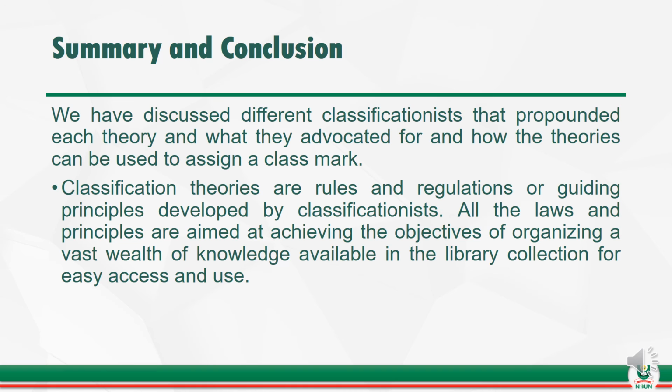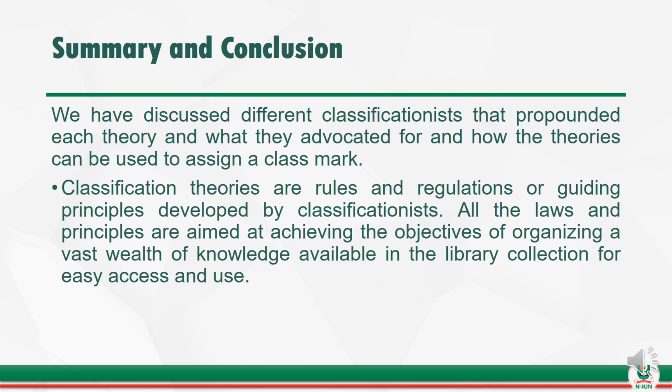In summary, we have discussed the different classifications that developed each theory of library classification. The essence of the development of these theories was to help classifiers solve the daily problems they face in the process of classifying information resources and assigning class marks to information resources in the library.